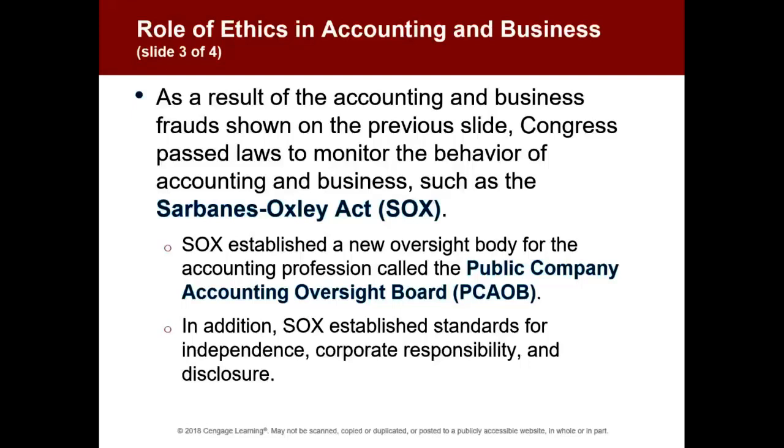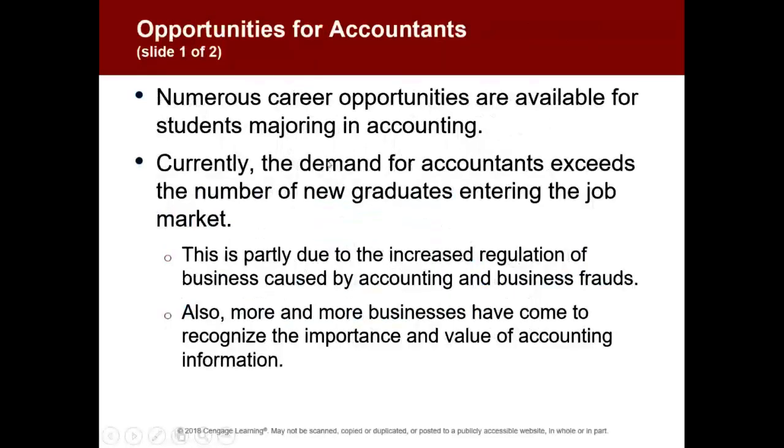So the oversight for both auditing standards and some of this was taken literally out of accountants' hands and put into another government layer of authority that exists to help monitor companies. And so this SOX Act, as we refer to it, helped establish standards or additional standards. It's not like we didn't have them before.